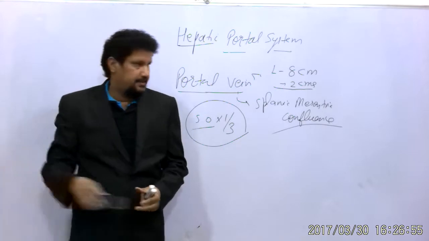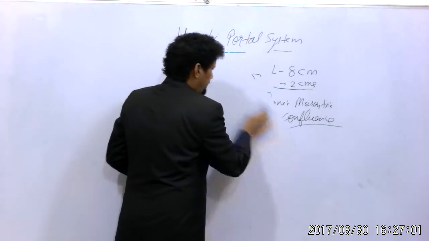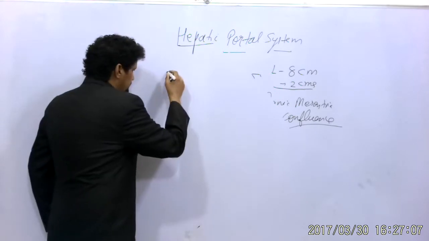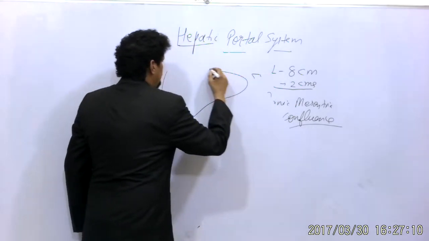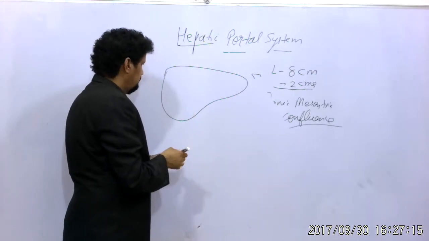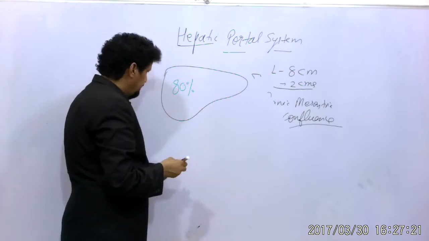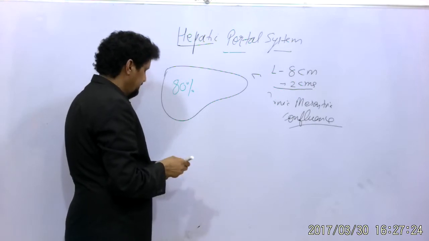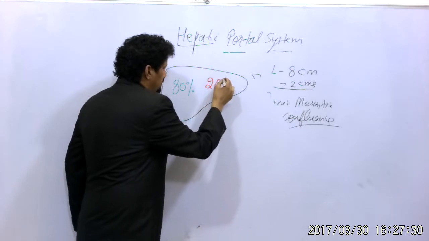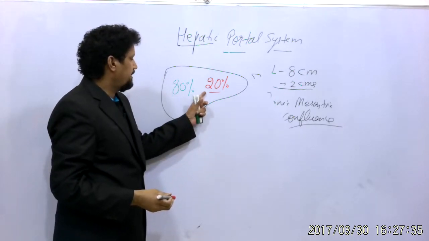When we see the blood supply of the liver, 80% of the blood to the liver is supplied by this portal vein, and 20% blood is supplied by the hepatic artery.